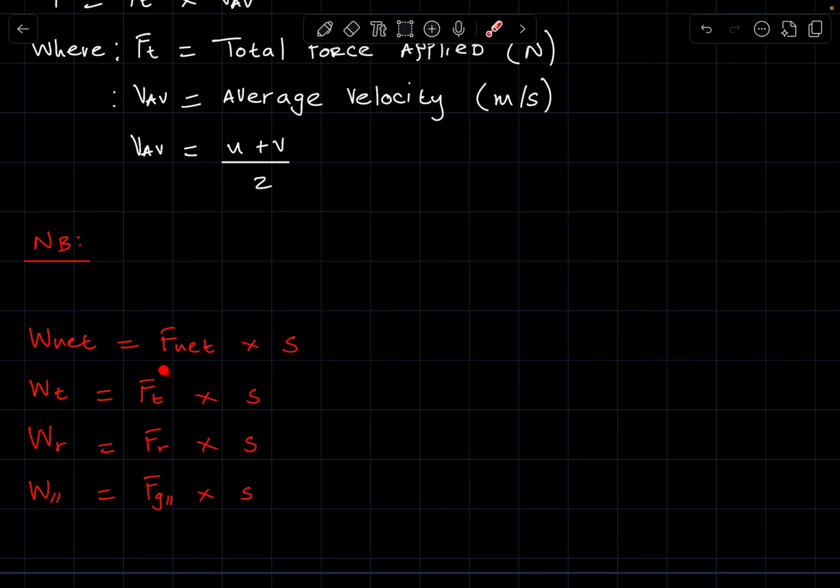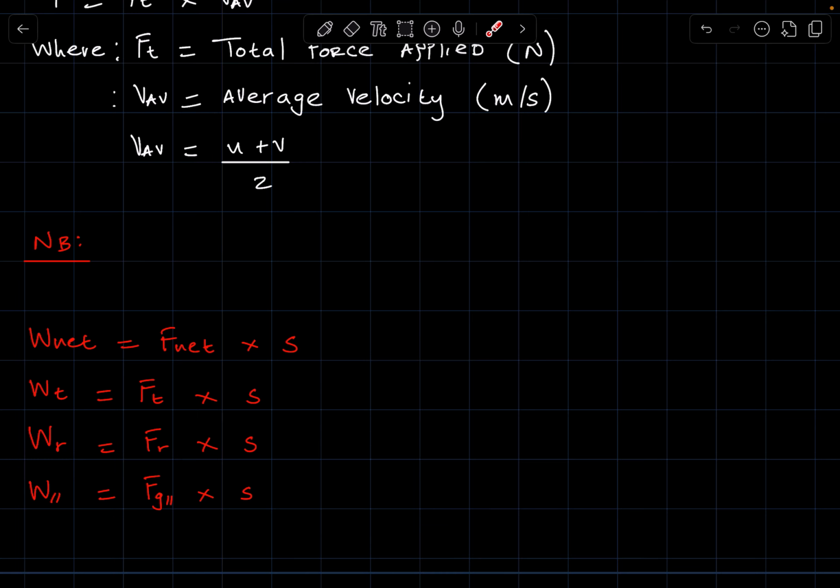If you have total force applied, you will have total work done. If you have frictional force, then you will have work done due to friction or work done to overcome friction. If you have a component of the weight that is parallel to the plane, you will have work done due to that force as well.